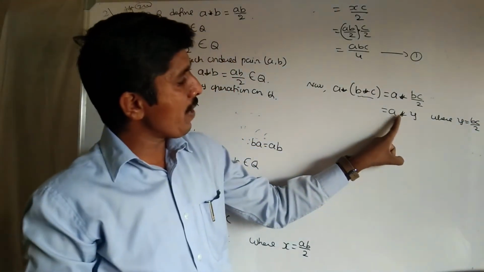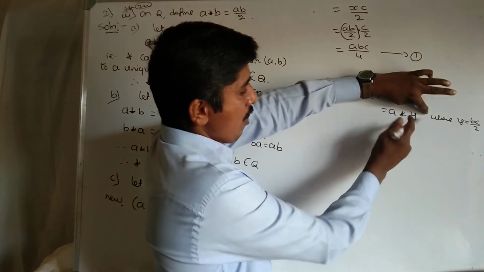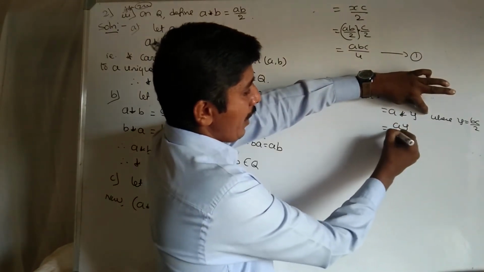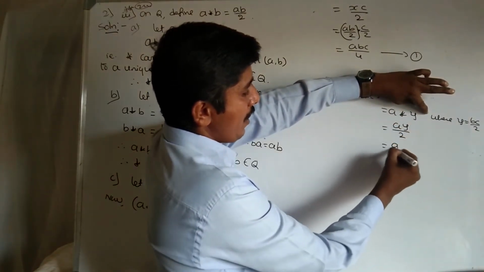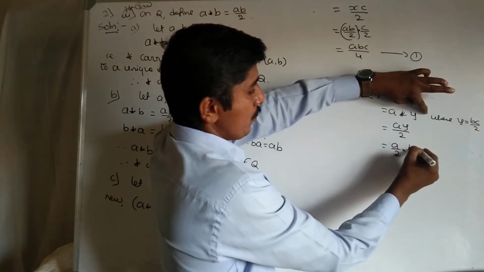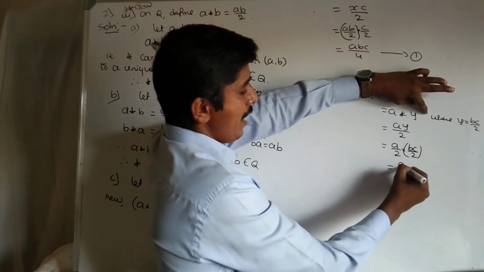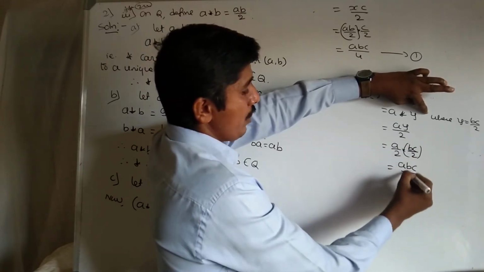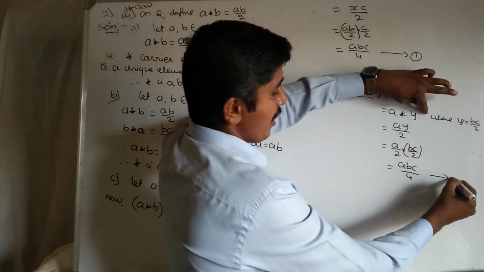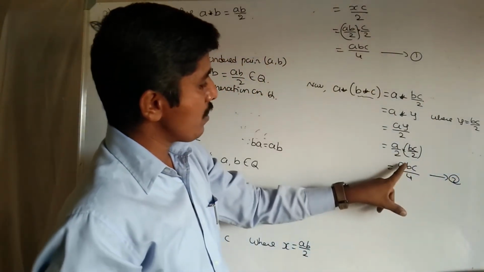Now by the binary operation, A star Y is AY divided by 2. A by 2, substituting the Y value, BC by 2. Directly write 2 in the denominator. Then A into BC, ABC divided by 2 into 2, that is 4. Call it equation 2. From 1 and 2, what about ABC by 4, ABC by 4?